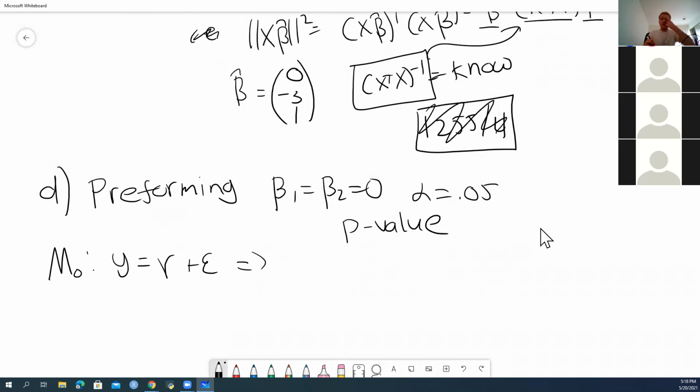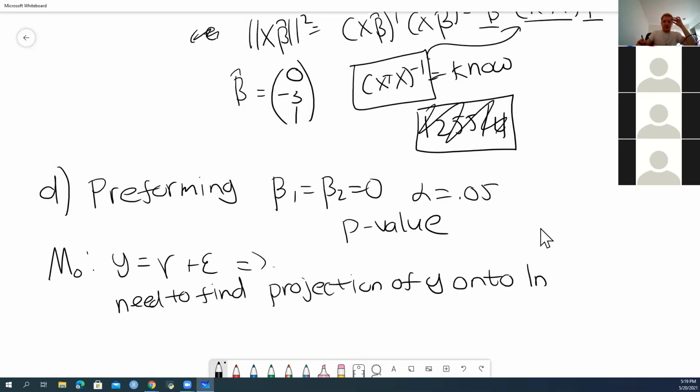Now we need to find the projection of y onto 1n for this. Remember, to find gamma hat, we actually did this in part B, right? The projection of y onto the span of 1 is going to be this estimated value.